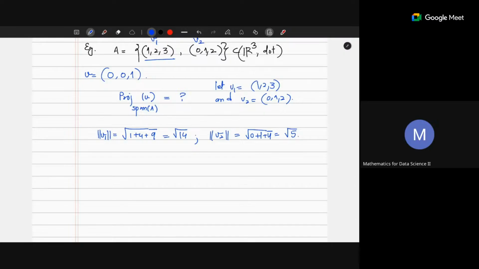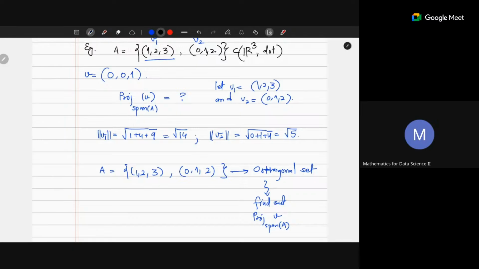So first, we need to convert this A into an orthonormal or orthogonal set, right? And then we will project onto it, and then we will find the projection of v onto the span of this.